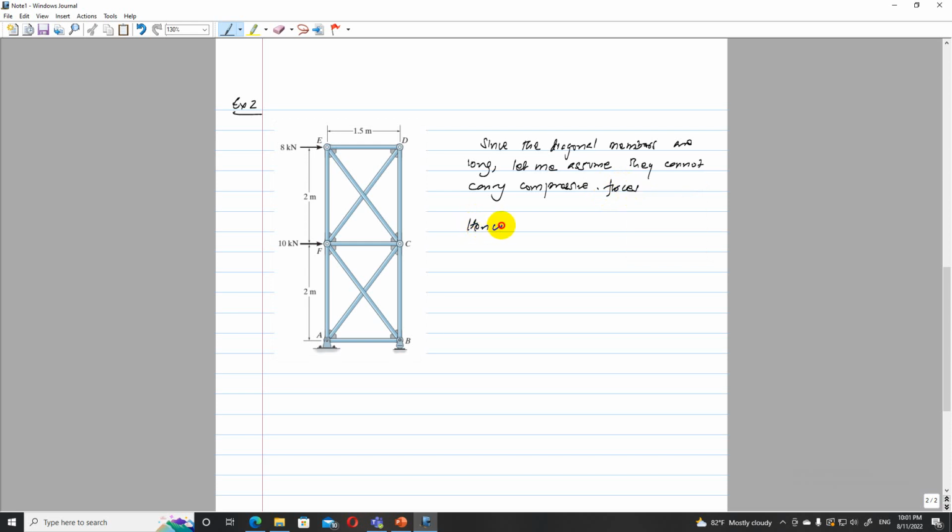Hence, FEC is a zero force member and FEB is a zero force member. So these two members are now gone.